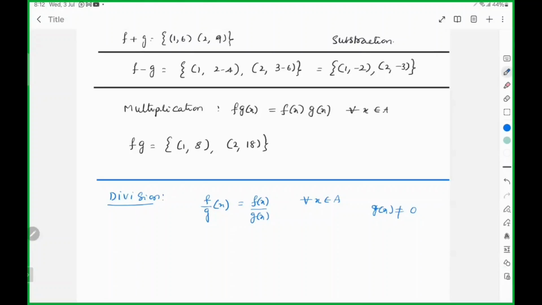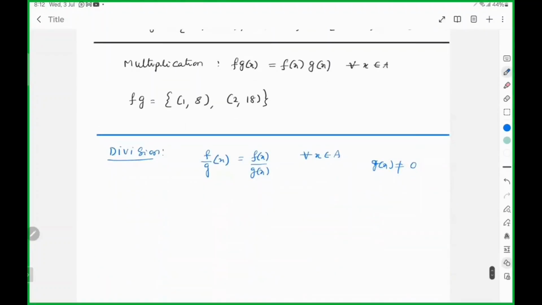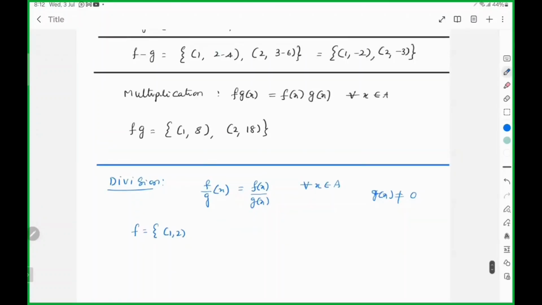Let us consider the same example. How is f defined here for us? f is defined as 1 comma 2, and 2 comma 3.